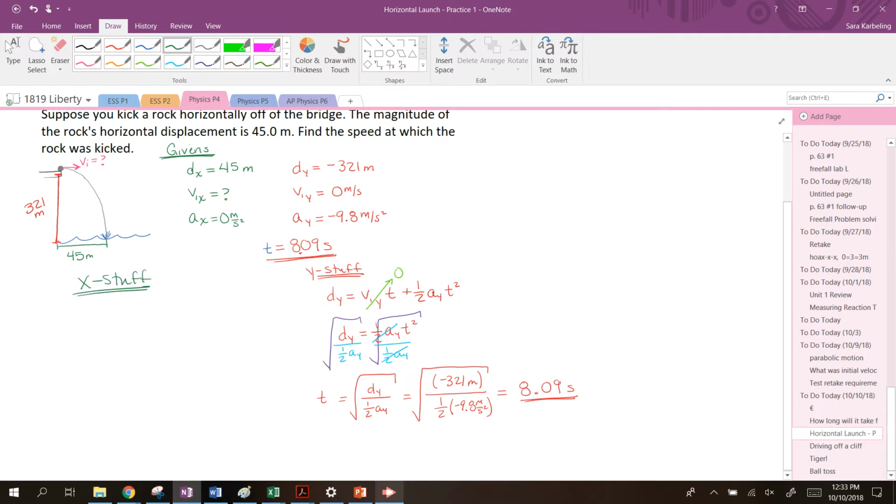We're rocking this out. We got just a couple minutes here. So guess what, friends? Same givens. That means it's going to be the same equation. Here we go. It's going to be dx equals vxt plus 1/2 ax t squared.